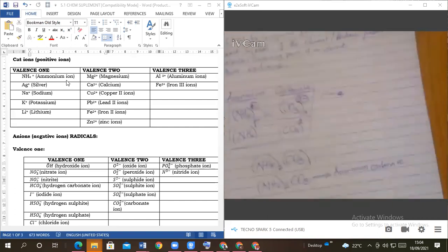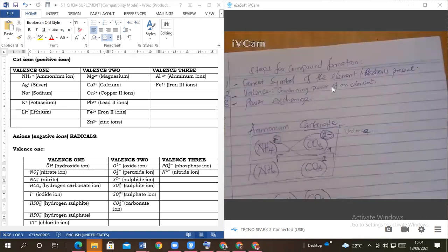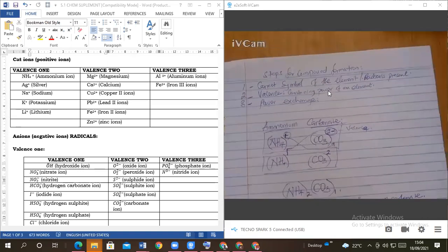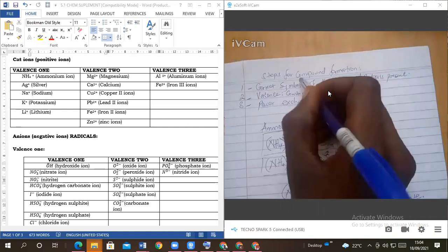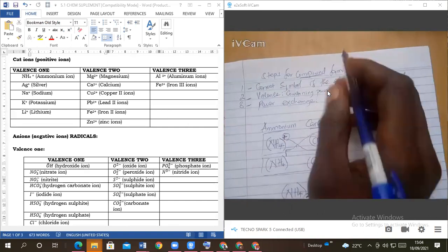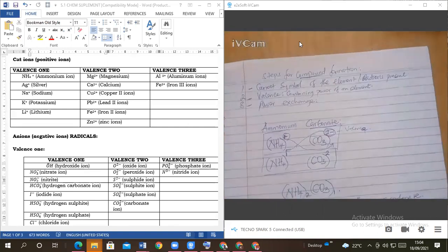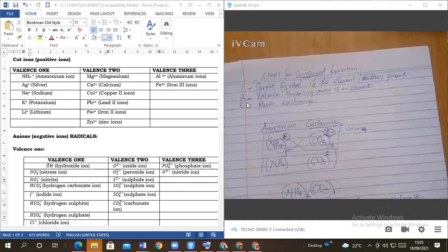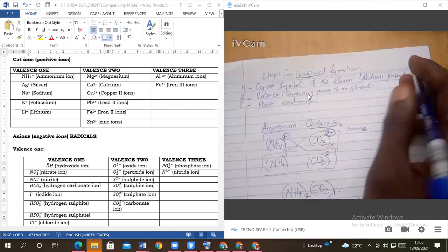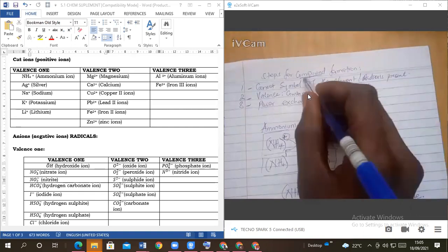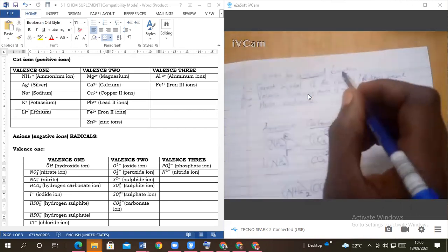Okay, let's go back to the steps we had up here. When you are forming a compound, try to minimize noise. Elise, mute your microphone. So when you're forming a compound, this is what you should do.